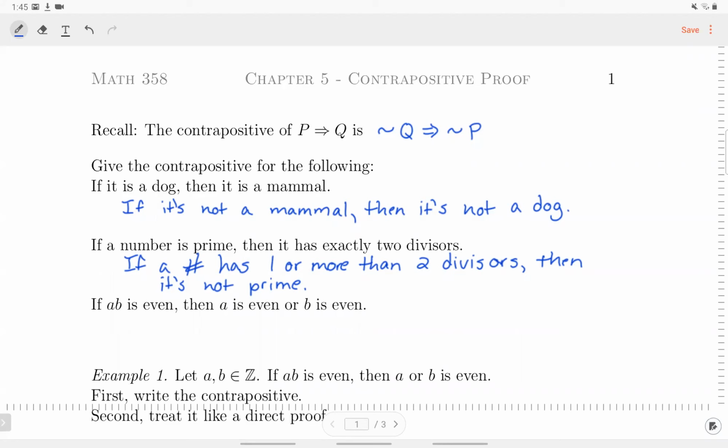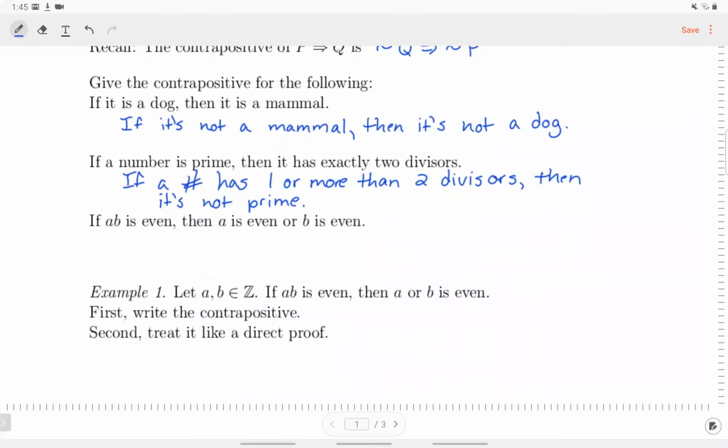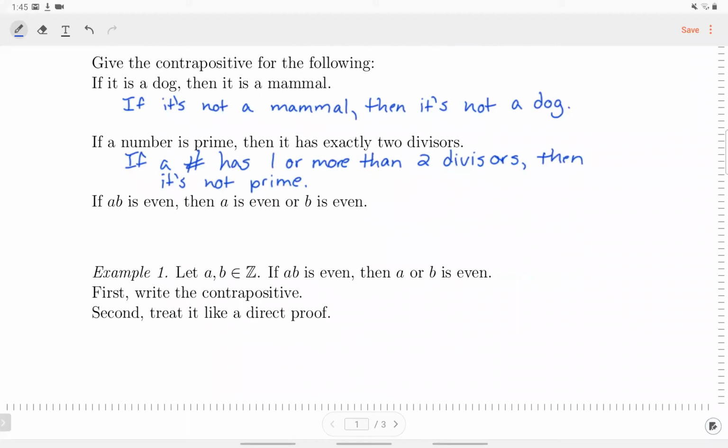If A times B is even, then A is even or B is even. What's the contrapositive going to be? Not A is even or not B is even, so A is odd and B is odd. So what happens to an or when you negate? It becomes an and.